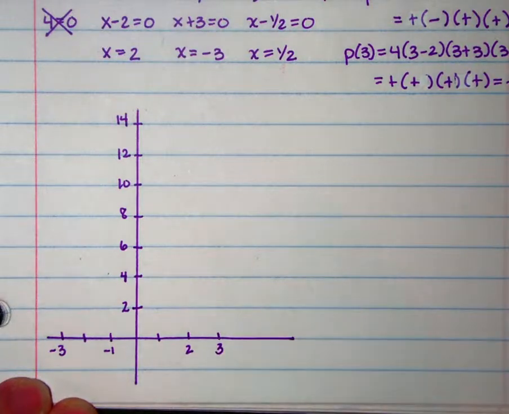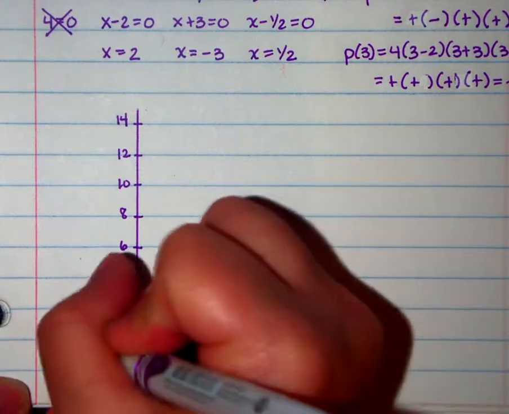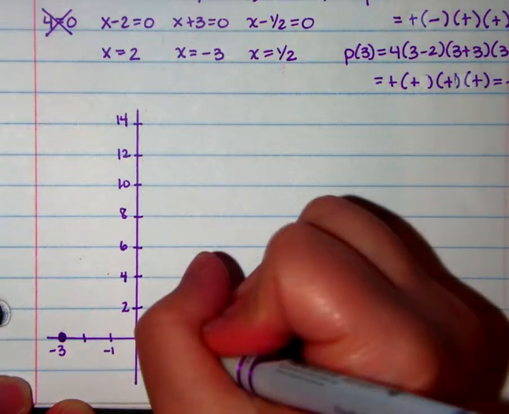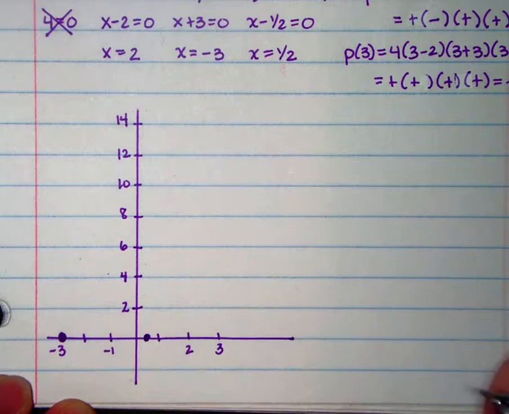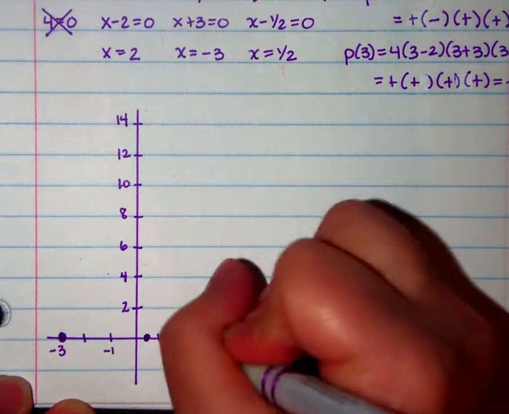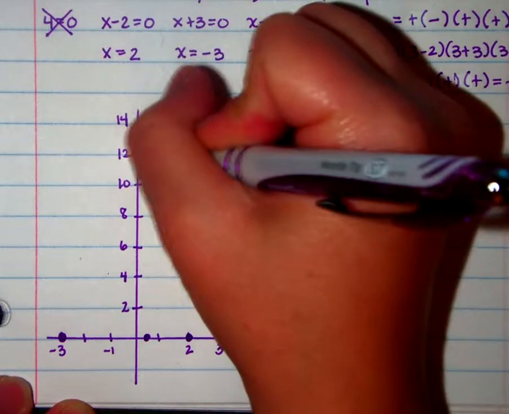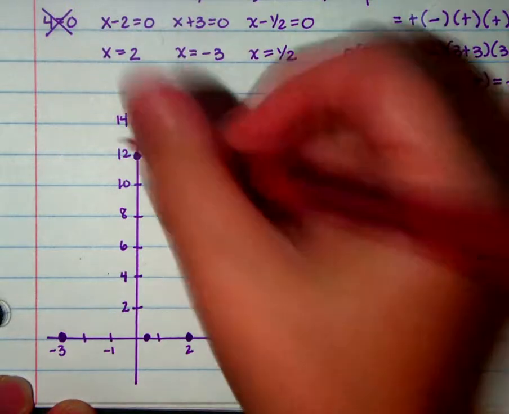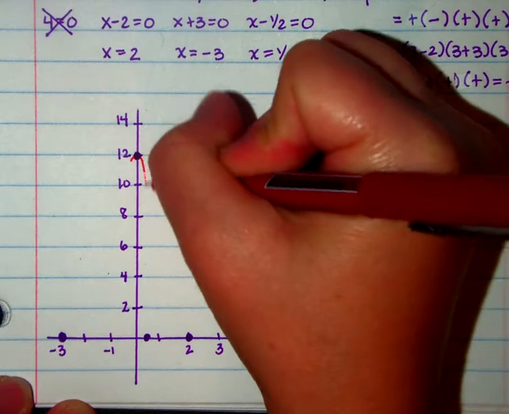Okay. So now what I do know is that based off of my x-intercepts, I need an intercept at -3. I need an intercept here at 1/2 and another intercept at 2. I also know that I have a y-intercept of positive 12. And so what we're going to do now is try to sketch our graph as much as we can through those points.